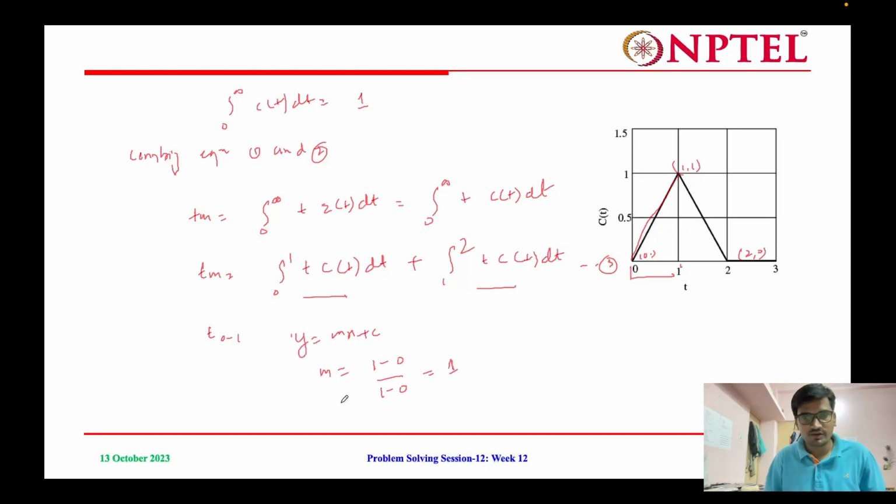Putting any value in this equation, you will get c equal to 0. So y equals x, meaning Ct equals t, with t on the x axis.